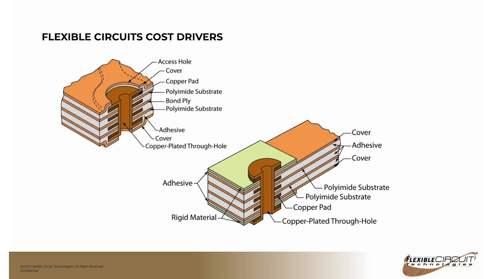The difference is on a standard flex circuit, you can see in the upper left, all the materials are flexible. And on the lower right, you can see a rigid flex cross section, and you can see that there's hard board materials laminated to the outer surfaces. And this allows you to do SMT or through hole components on either or both sides of the application.